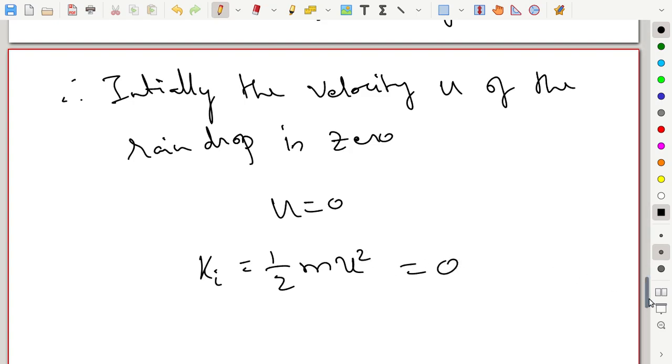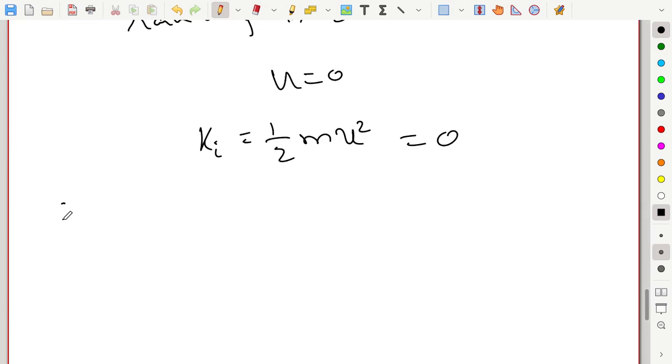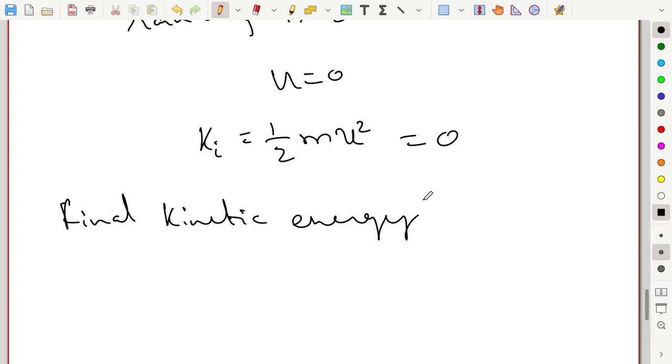And for the final kinetic energy, the final velocity while reaching the ground is v equal to 10 meters per second.